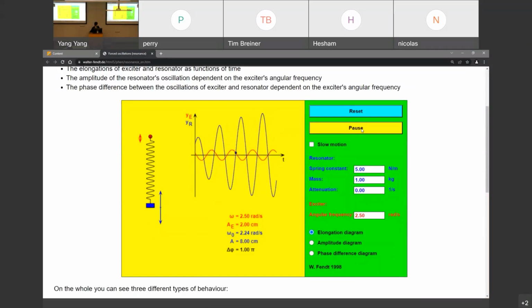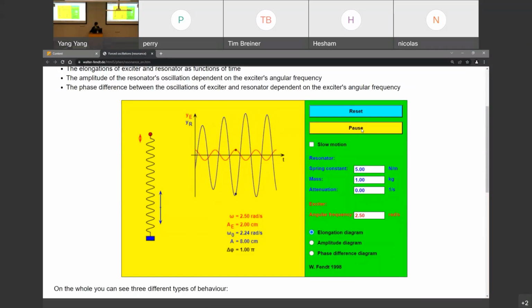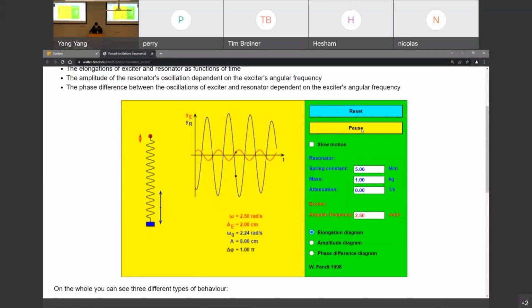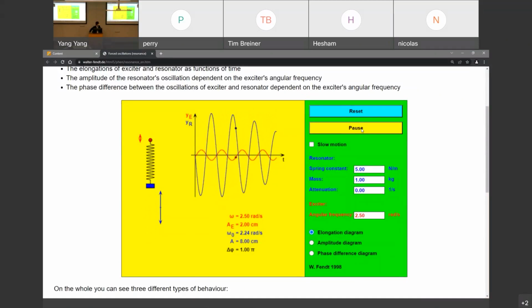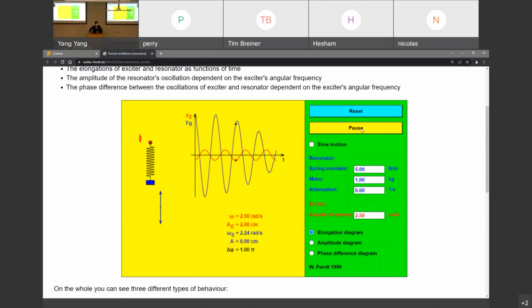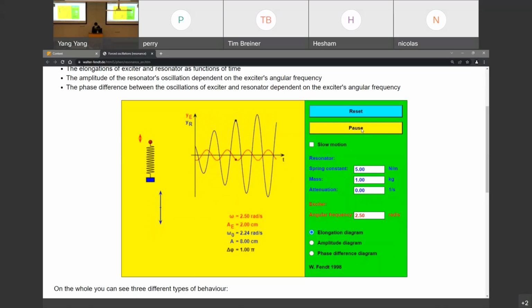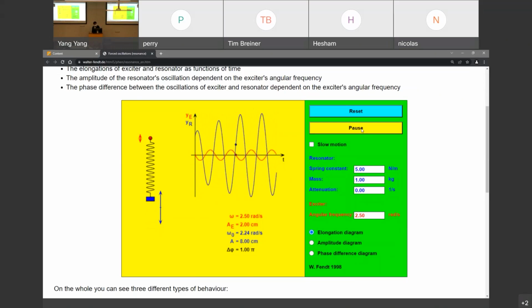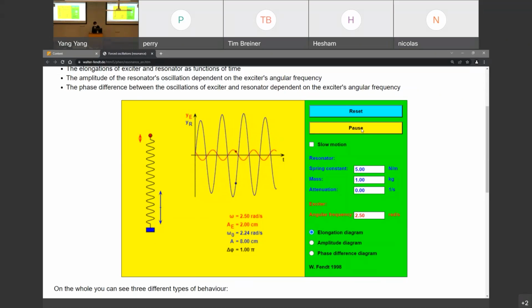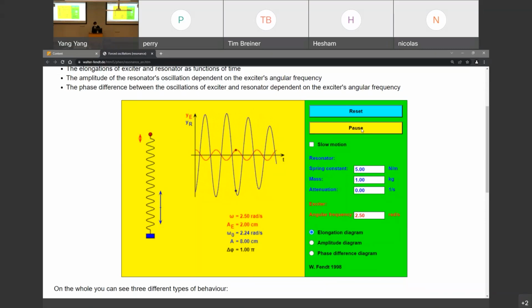You may try unlimited numbers after the class. Right? So with 2.5 we have the beating here. Either one smaller or one close to 1, you would have similar.